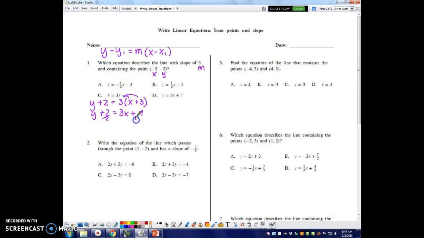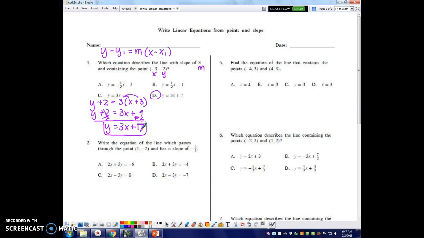Now we'll subtract the 2 from both sides. Y equals 3x, 9 plus 2 is 11. So which one says that? None of them. Should be +7. I think I did something wrong. It should be 3x plus 7. I was subtracting 2 and I added here, so it's 7. Sorry, that was my fault.